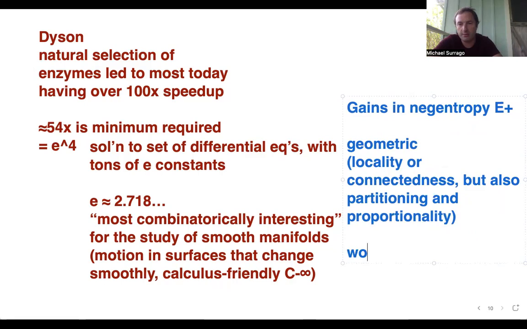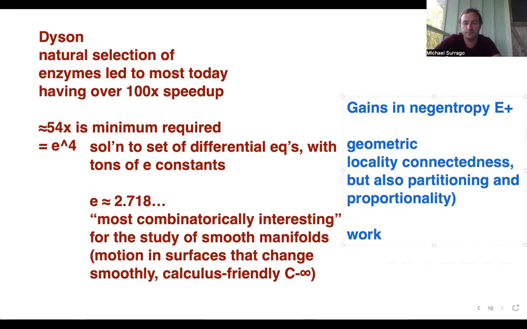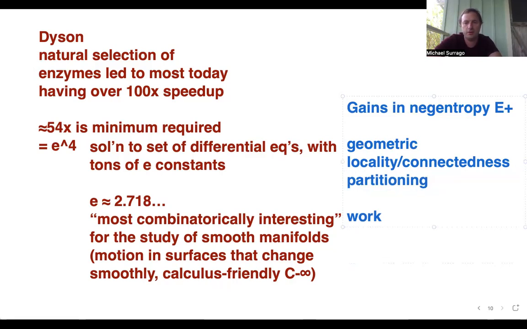But there's also, I don't know if Plato liked working, but let's do this. Partitioning, which is when you partition something, you're dividing it into pieces.